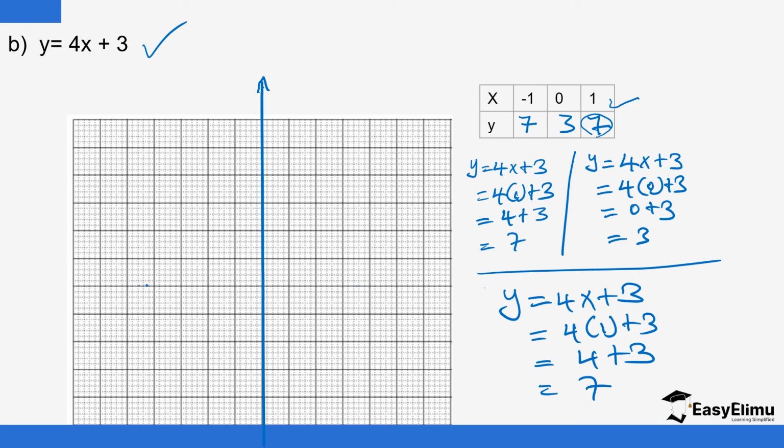X-axis will be 1, 2, 3, 4, 5, 6, 7, -1, -2, -3, -4, -5.